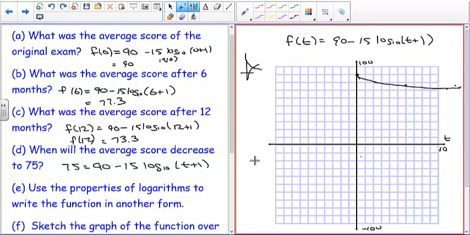We also said after 9 months, I guess it was, that we were at 75. So we got 1, 2, 3, 4, 5, 6, 7, 8, 9, and that was 75, which is about right there. So it all fits in there nicely. Okay, so that's it.